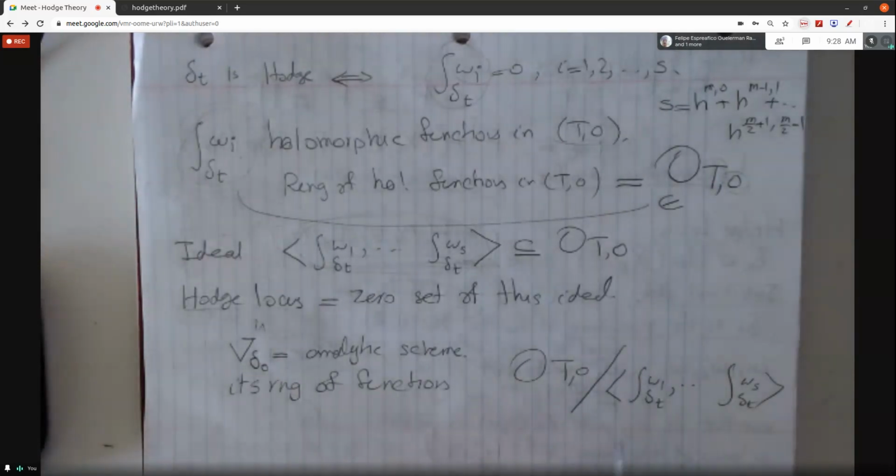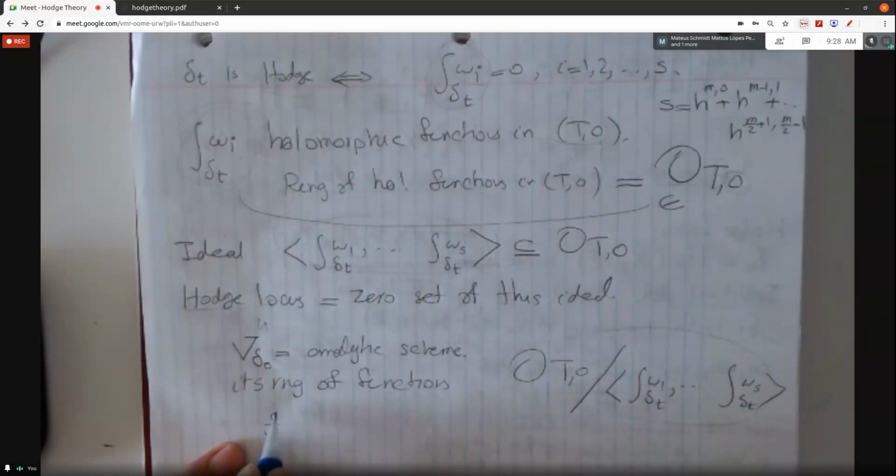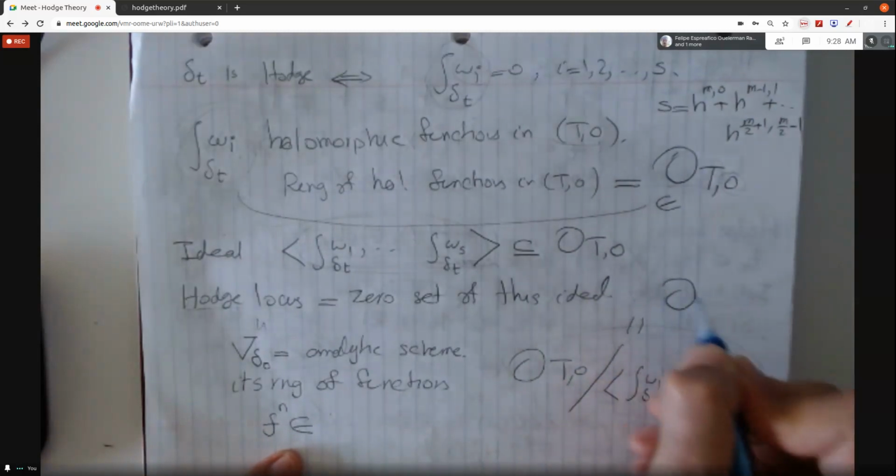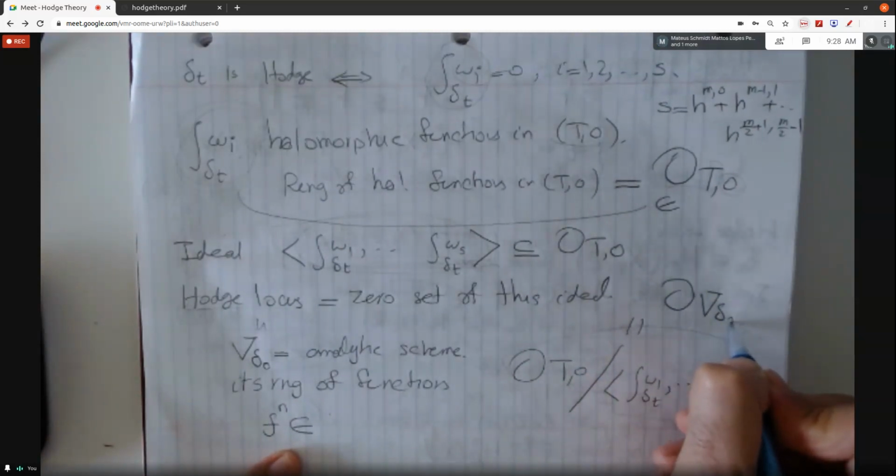So you see that now it is not just a geometric object; it also has a scheme structure, and the reason is that this object is something finer. Let's call this ring of functions O_{V_delta,0}.